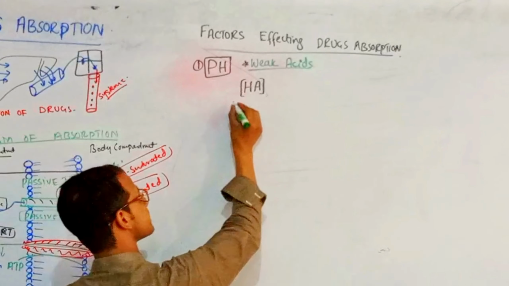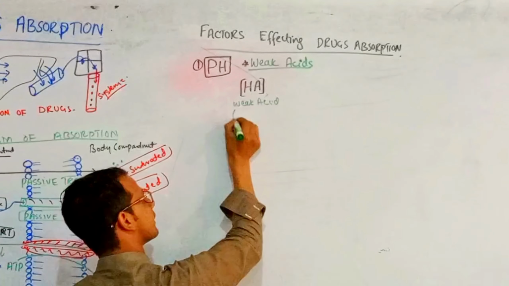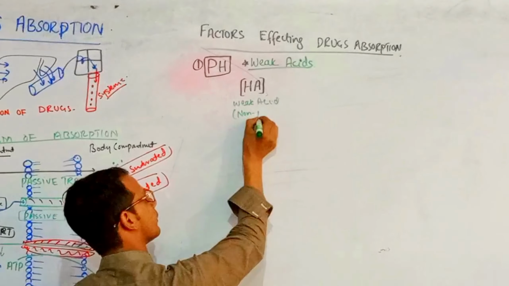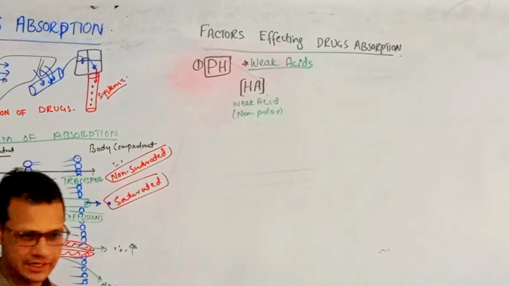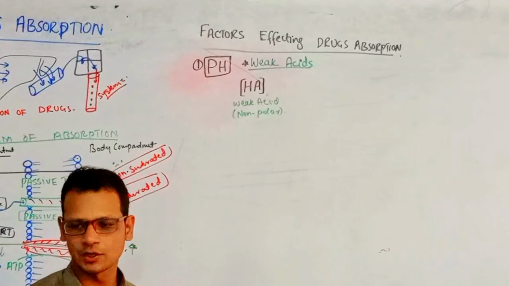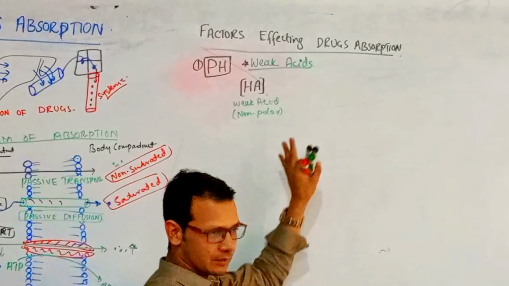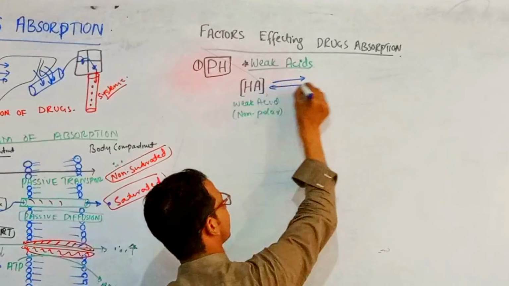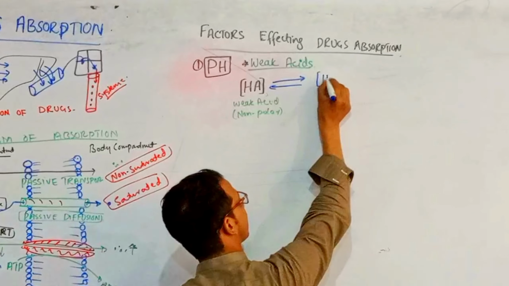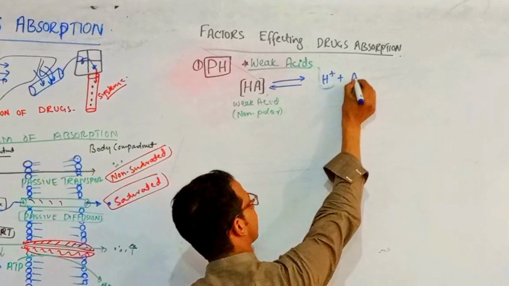This weak acid is non-polar, meaning it is hydrophobic, not hydrophilic. When the environment is provided, it will reversibly break down into one hydrogen ion and one anion charged molecule.